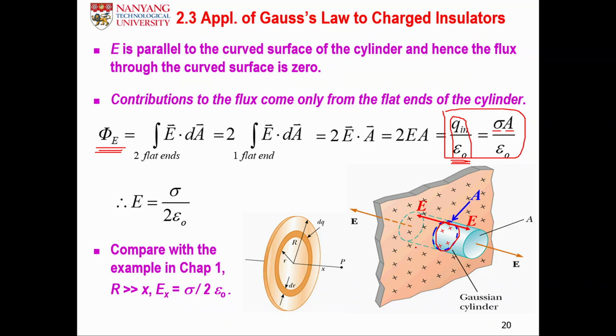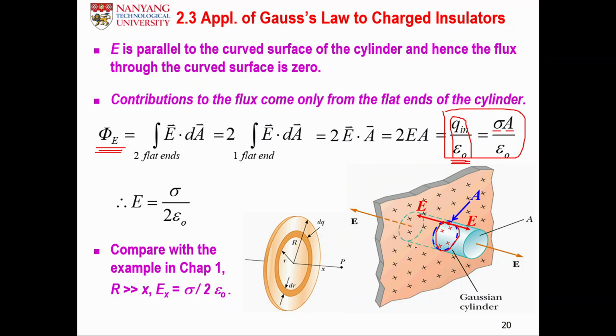Then, for this curved surface, we can tell that at any point on the curved surface, this should be the E, this should be the E, right? And this should be the dA, meaning at any point on the curved surface, E and dA are perpendicular.